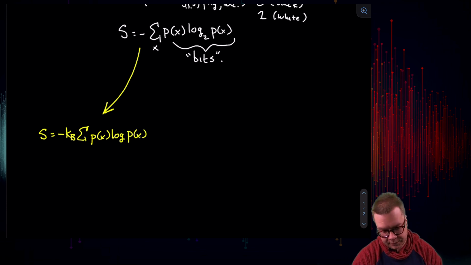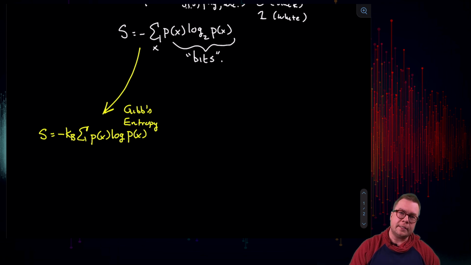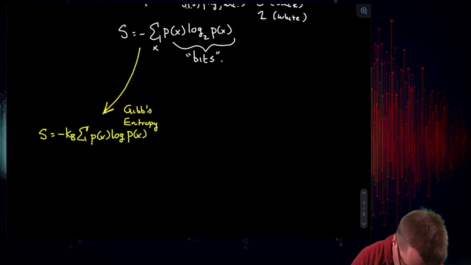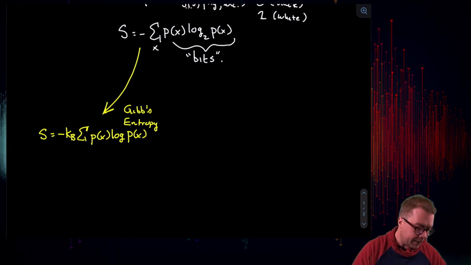This is what we call the Gibbs entropy. And all it is really is the Shannon entropy, but it has this coefficient out front, which is really just a conversion factor. All it's doing is giving entropy specific units, in this case, joules per Kelvin. Okay, so the Shannon entropy has no units. The Gibbs entropy does have units, and they're given by that constant.